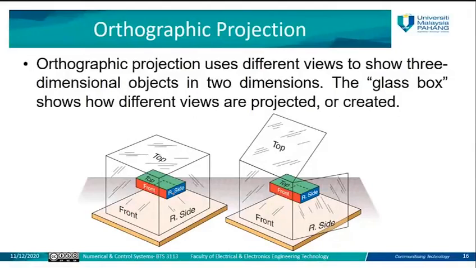The right side of the product will be projected on the right side. The top side of the product will be projected on the top side of the glass box here. So these are the three main views that you need to project, to extract the real product.